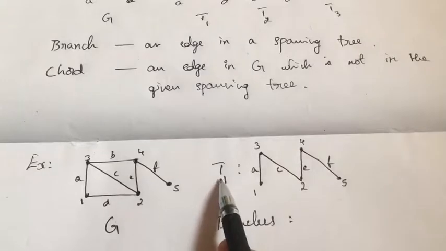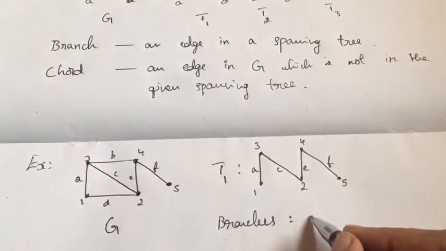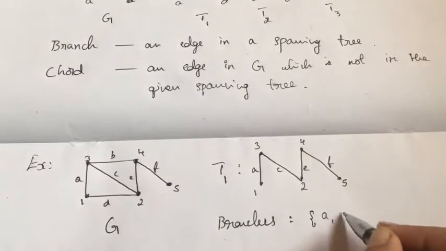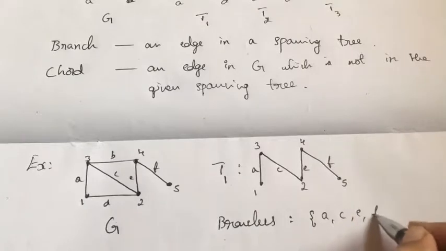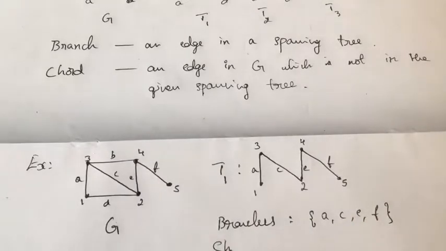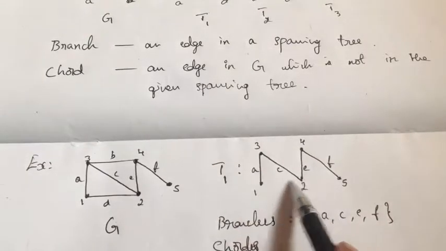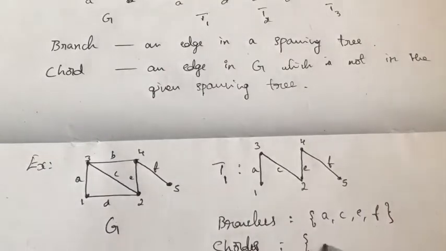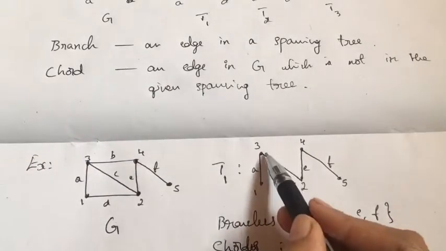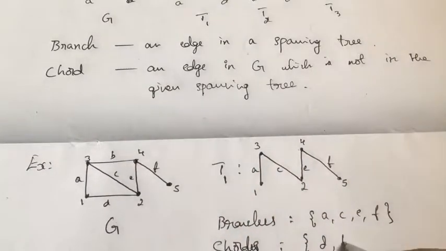Branches are nothing but edges of a spanning tree. So A, C, E, F are the branches, and the chords with respect to this spanning tree are D and B.